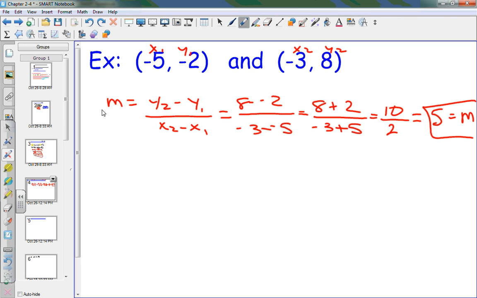It doesn't matter, does it? Why does it not matter? Because the slope was calculated on 2 points, not just 1 point. So it doesn't matter which point you choose because I can use any point on that line. Agree? So now I'm going to choose this point. Tyler, which point would you like to choose?